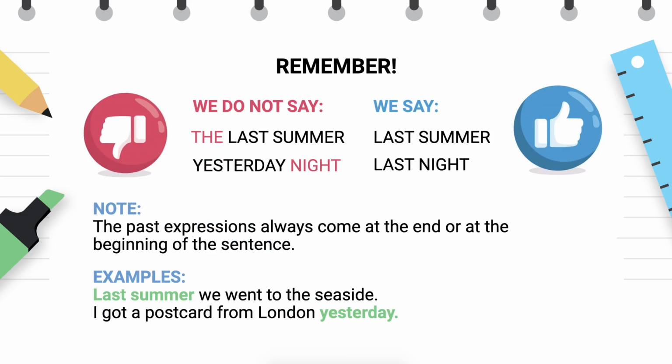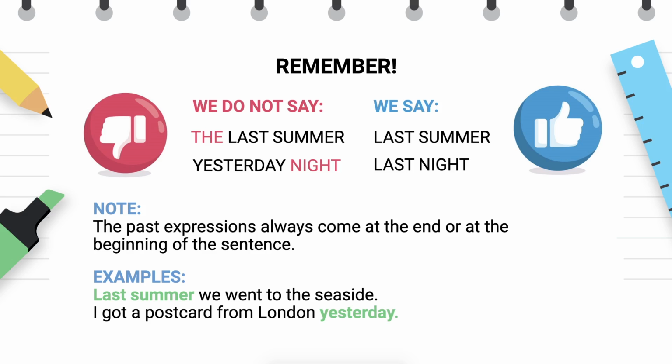Let's have a look at some rules, very important things to know before we use past time expressions. We never say the last summer, but we say last summer. We don't say yesterday night, we use last night instead. And here is a note, the past expressions always come at the end or at the beginning of the sentence.